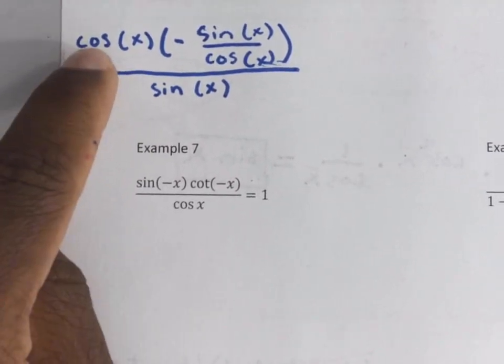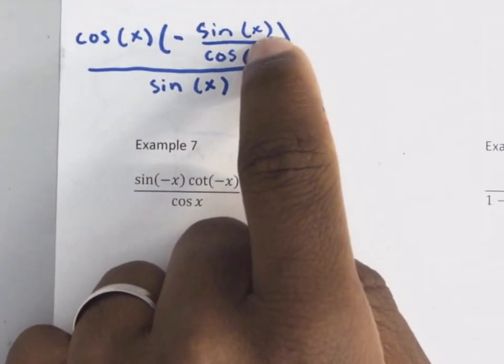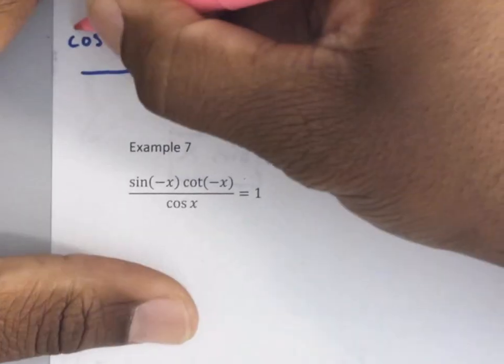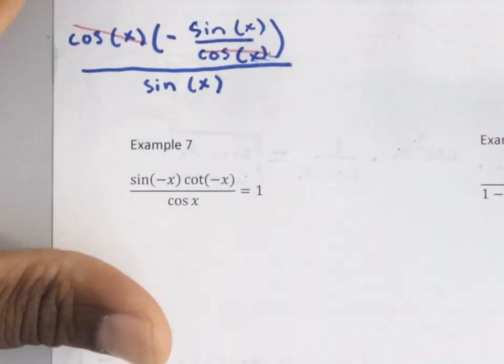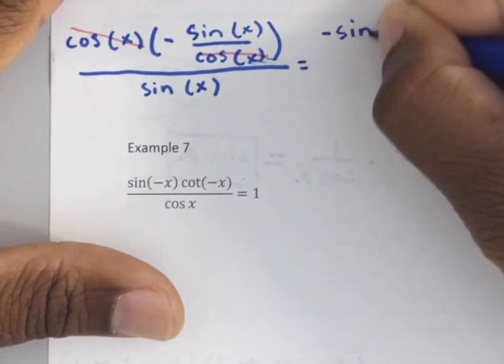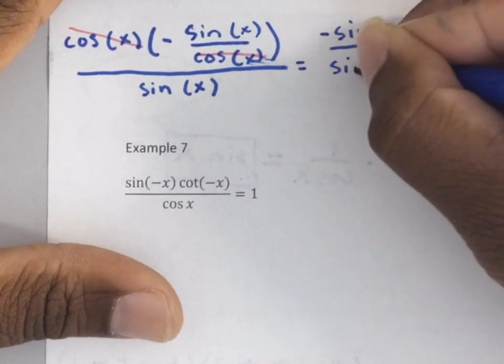So what she said was, this is multiplication. Cosine x times this fraction, the cosines will end up canceling. So what I'll be left with is negative sine of x divided by sine of x.